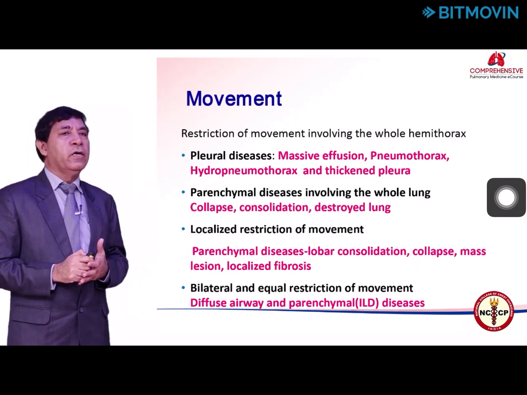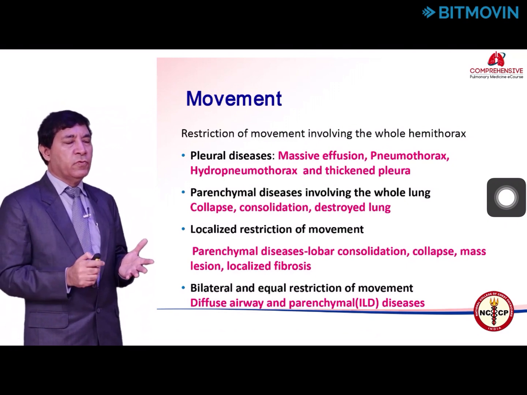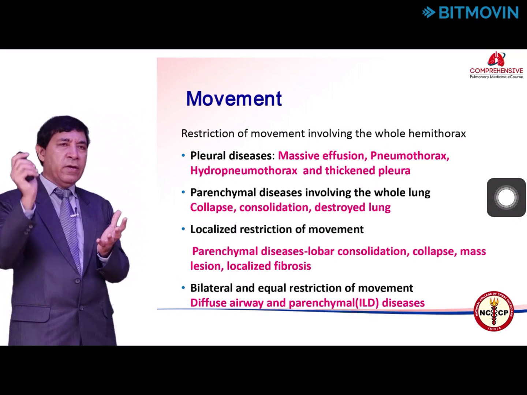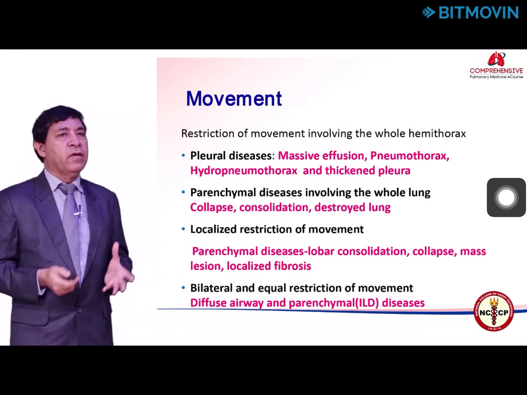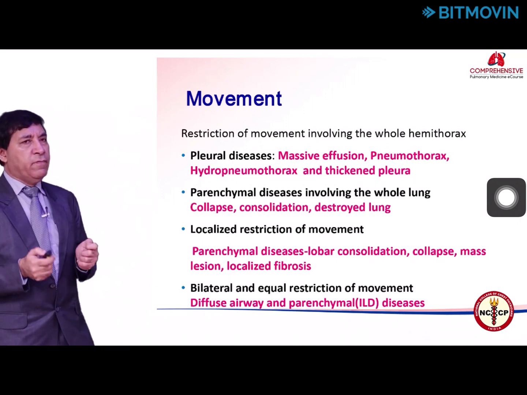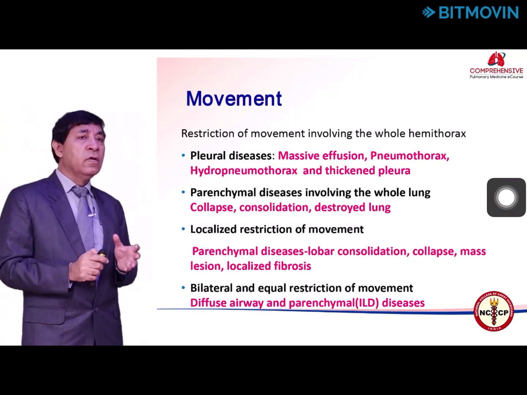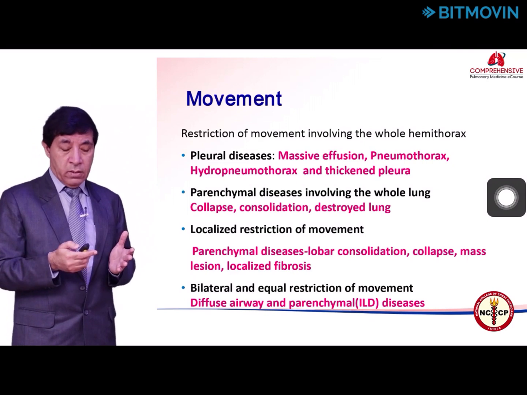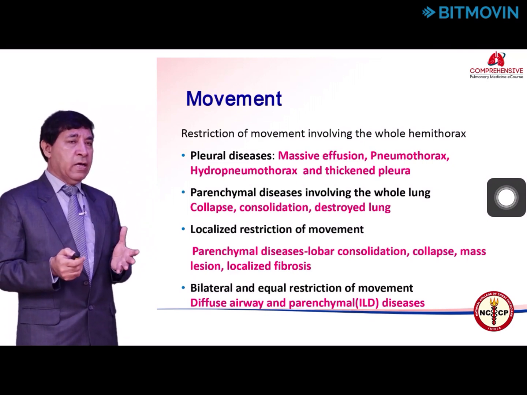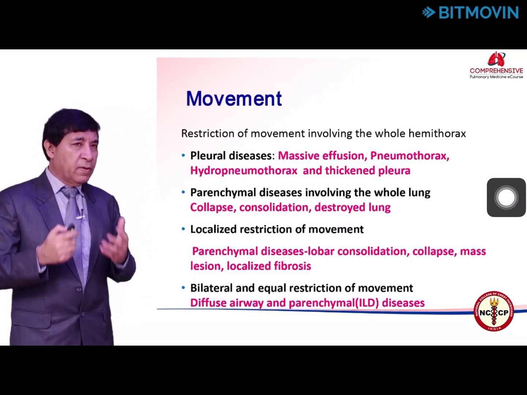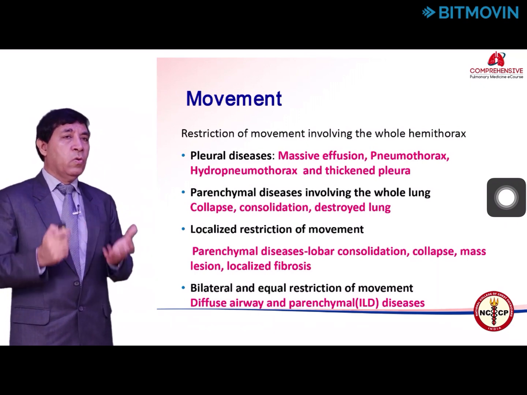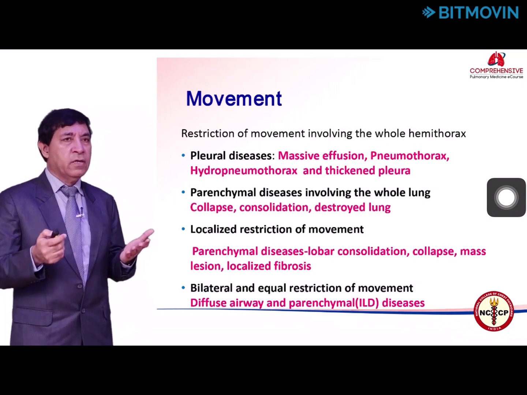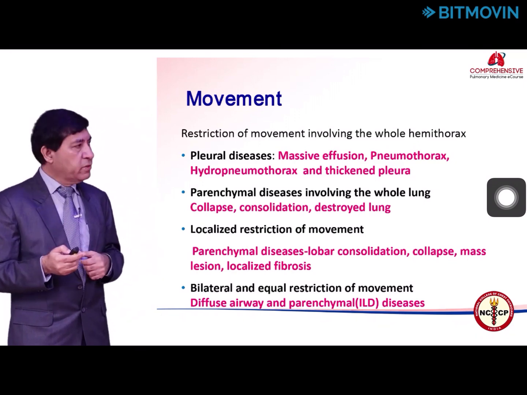So, all pleural conditions, whether pneumothorax, massive effusion, hydropneumothorax or thickened pleura, would affect the movement of that hemithorax significantly. So, movement is a very, very important sign to be seen to decide whether your patient has a pleural disease, a total parenchymal disease, or a localized parenchymal disease. Movements can also tell you whether your patient has bilaterally symmetrical diseases.